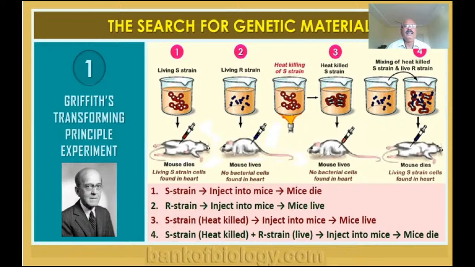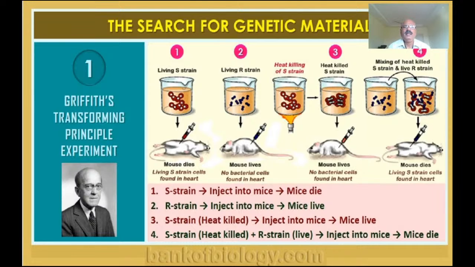Griffith conducted an experiment. In this experiment, the S strain, the virulent strain, was injected into mice. The S strain causes pneumonia disease, so the mice die.